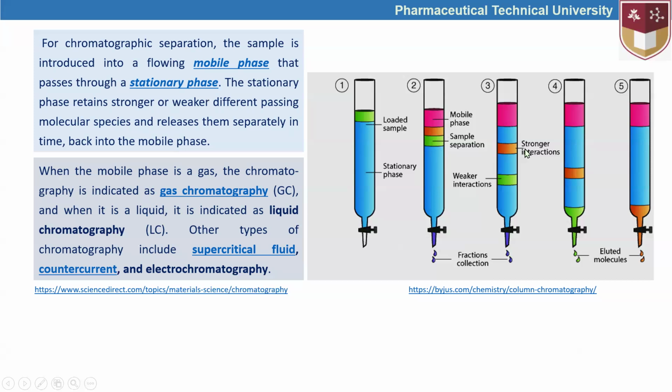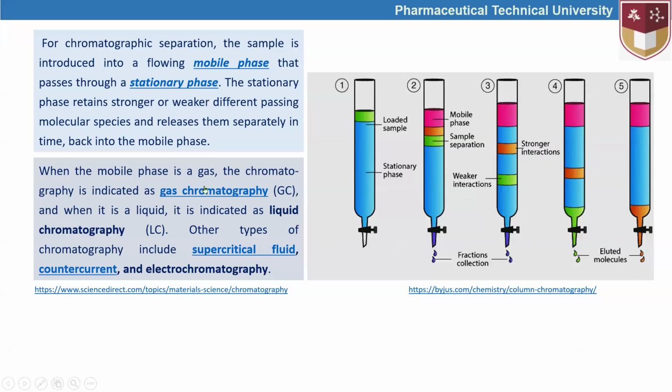The stronger the interaction between the sorbent and the compound, the later the elution; the weaker the interaction between the compound and the sorbent, the faster the elution. Okay, this is the point. The lower the interaction, the faster the elution; the higher the interaction, the slower the elution.